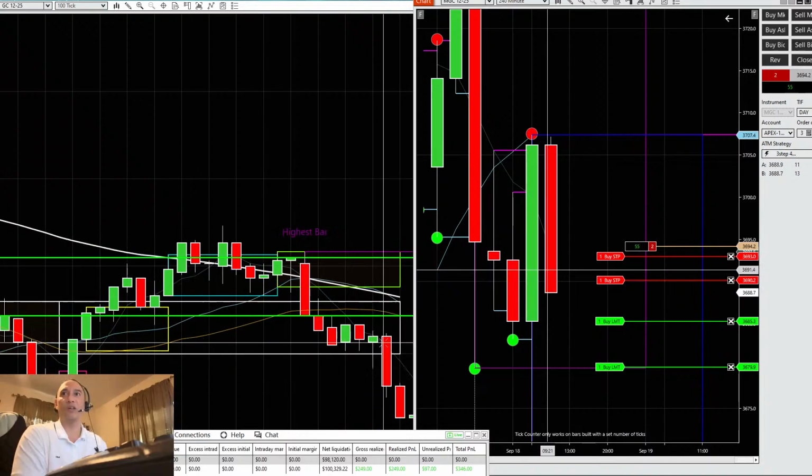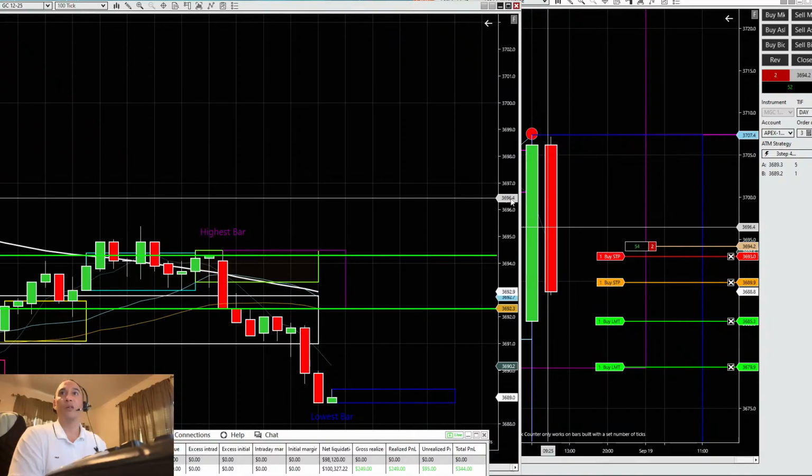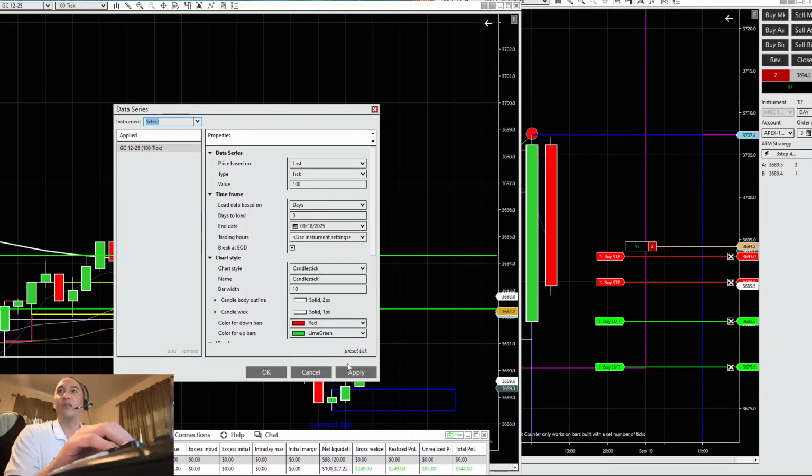And if this was just GC and not micro GC, this would be almost a $1,000 trade, but the risk is so high on that.